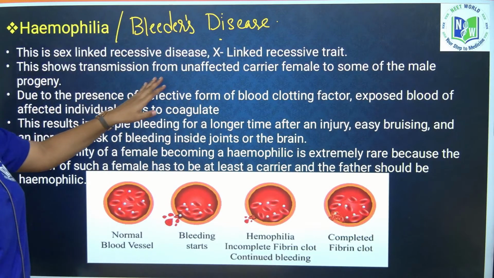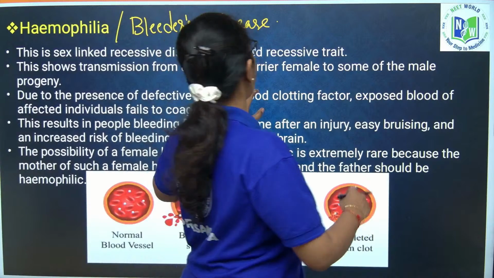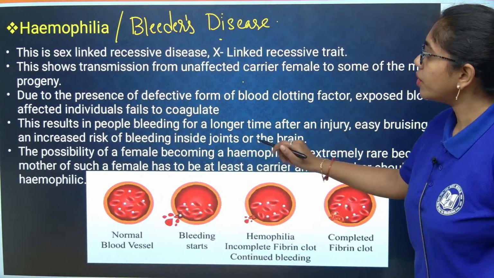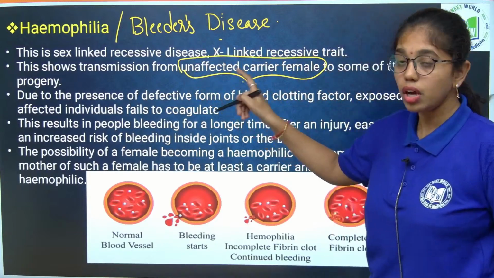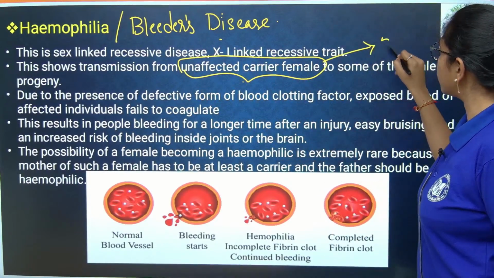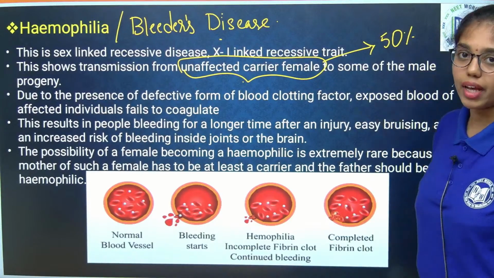This shows transmission from an unaffected carrier mother to some of the male progeny. Just now we have seen, a carrier female can give rise to 50% affected sons.